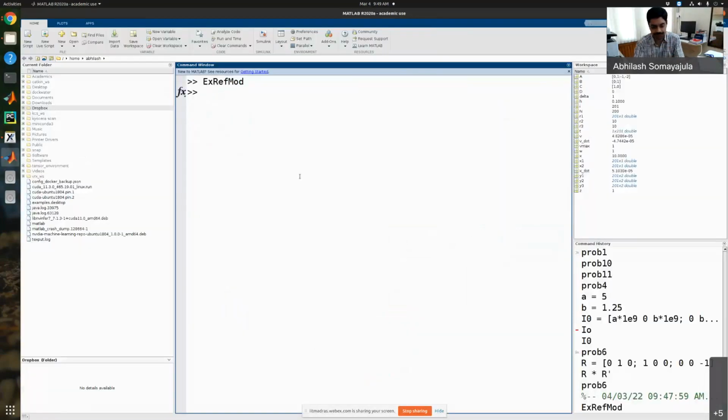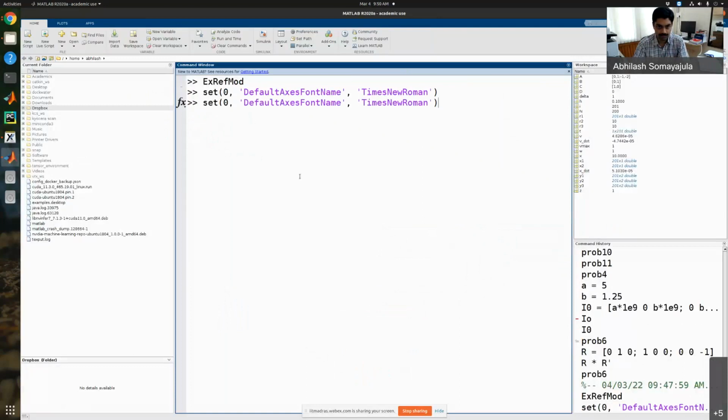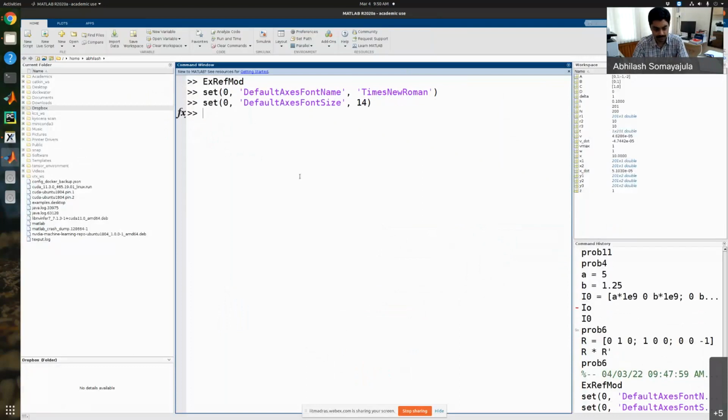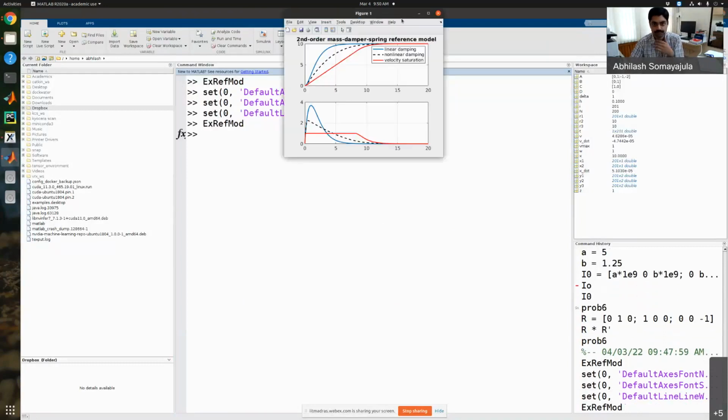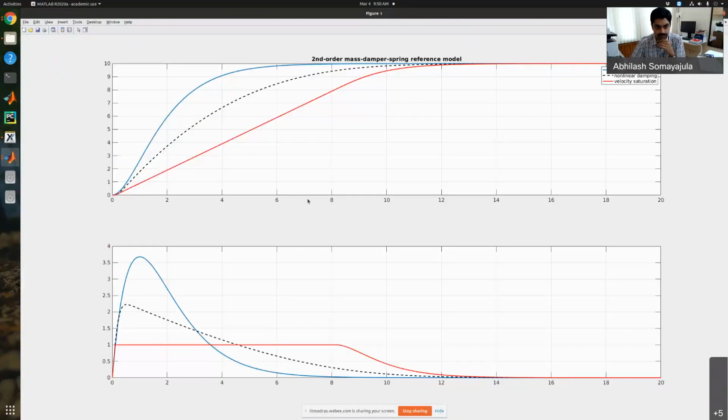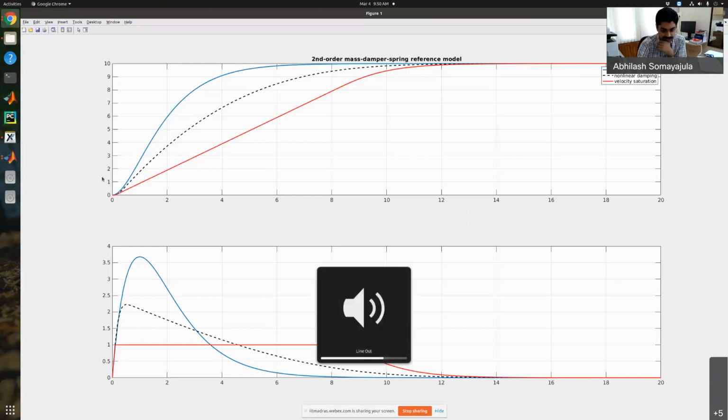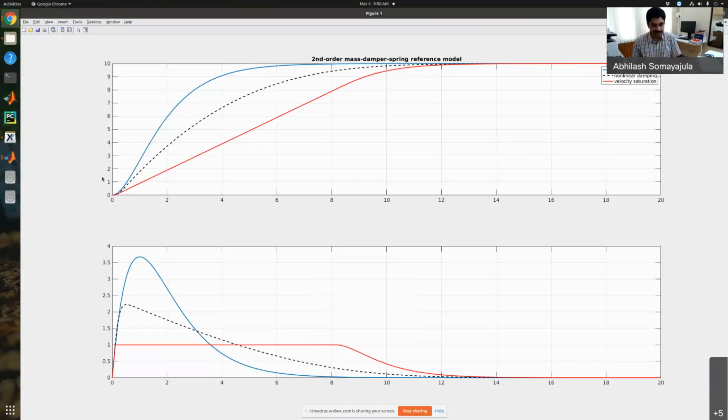It's not a big deal. Okay, this must be a little better visible. Yes. I can't see you when I'm sharing my screen, so you have to help me out here.